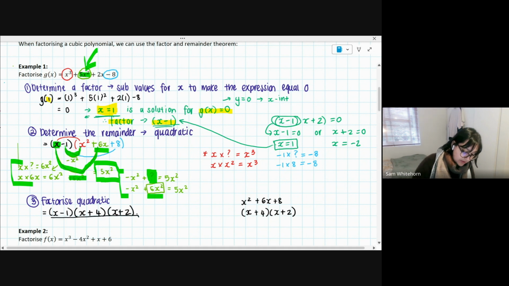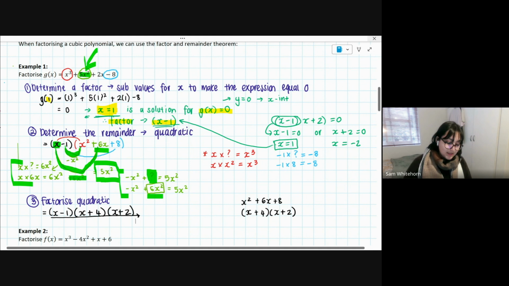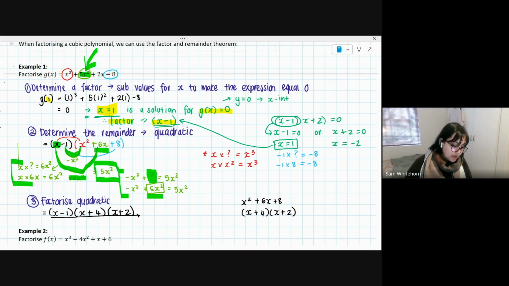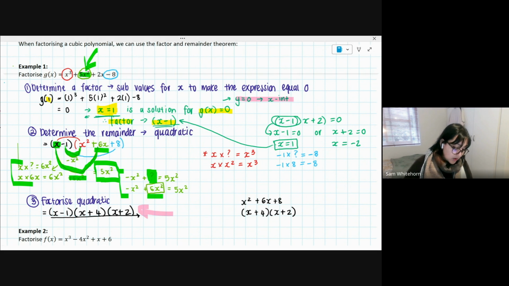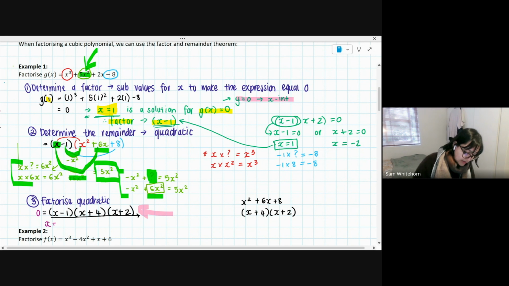Now, remember what I said at the beginning of this example: if we are assuming y is equal to 0, we're able to get the x-intercept. So if I now make this an equation and say all of this is equal to 0, I know that my x-intercepts are at 1, -4, and -2.